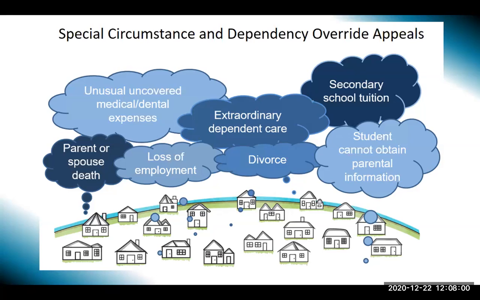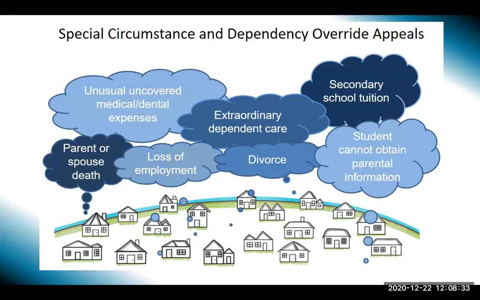An appeal for special circumstances is warranted if you have any of the following situations, such as a loss of employment, excessive uncovered medical or dental expenses, a one-time distribution from a 401(k), or other significant financial changes from the base year to the current year. We understand that finances change due to these situations, and the FAFSA and the California DREAM Act use financial information from 2 years ago, so we want to make sure that we get the correct information.